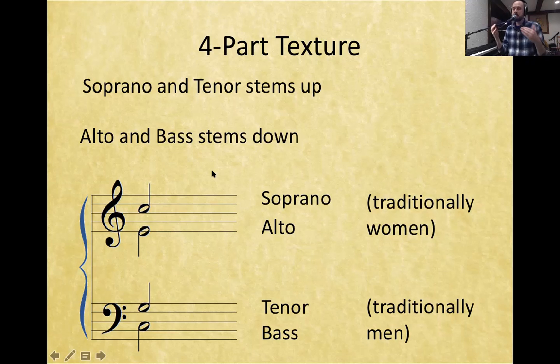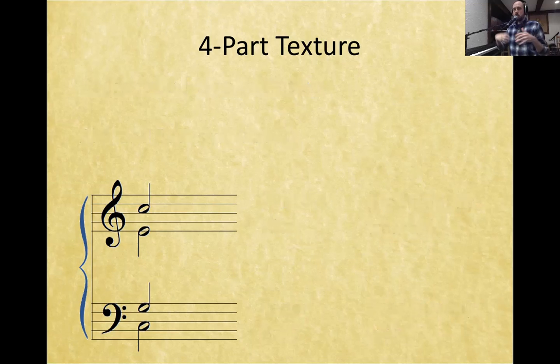So we use the stems to clearly designate whose line is whose. So that's a little bit about the naming and the way we notate this. But there are some musical questions to ask too. And the first is that we've got what we're calling a four-part texture, or chorale texture, or whatever we want to call it.